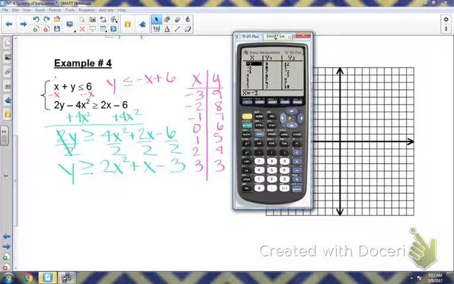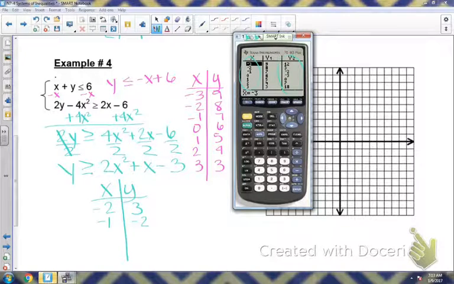Looking at the second one, looking at your first column for the x's and then your second column because you plugged in the second one. So that's going to be negative 2, 3. Negative 1, negative 2, 0, negative 3, 1, 0, and 2, 7.